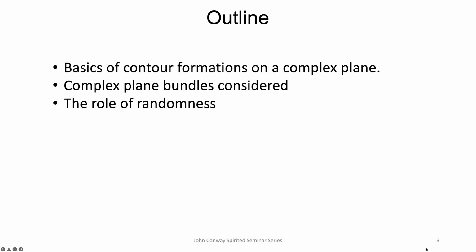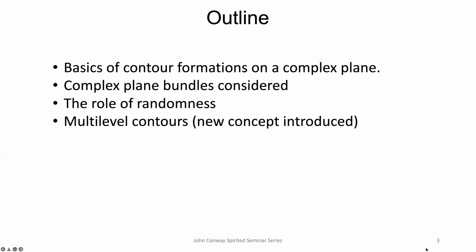I brought the concept of randomness into the complex plane, and then I use that concept to understand how the contours of one plane travel to other complex planes. That is the new term I phrased: multi-level contours. I am going to explain that through this talk.